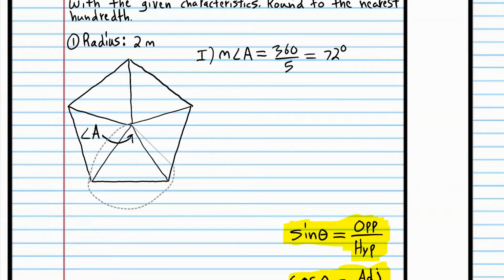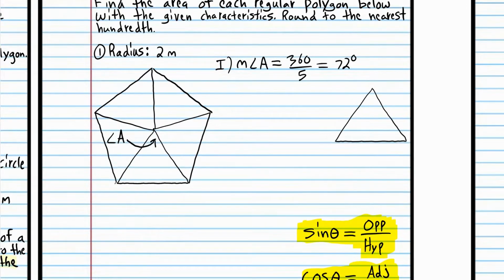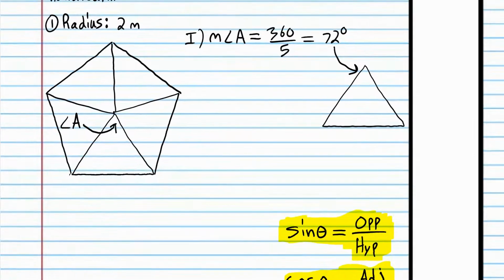So now that we have that angle, I'm going to go ahead and copy this triangle. And so again, this angle here is 72 degrees. And then I'm going to drop an altitude, take that triangle out. Again, these triangles don't have to be perfect, but as we did in the previous class, we're just going to take this triangle out and put it here.